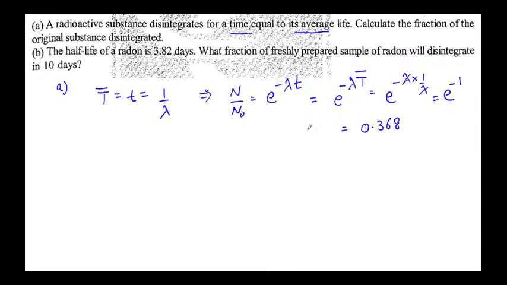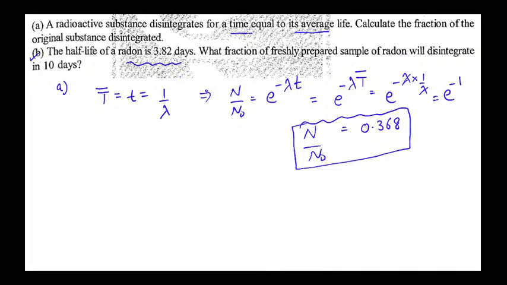So the fraction of the original substance which is being disintegrated will be equal to N is equal to N0 into 0.368. Now for the second part, what they are saying is: the half life of radon is 3.82 days.